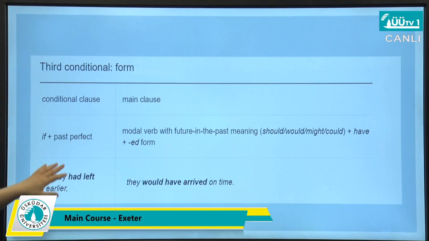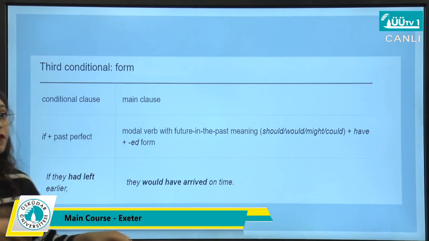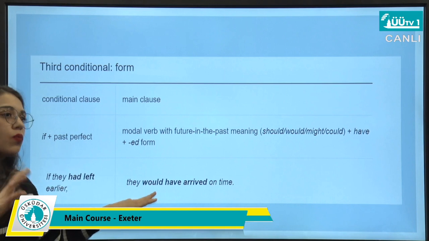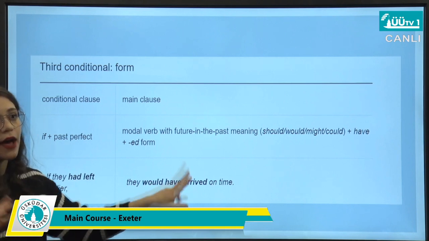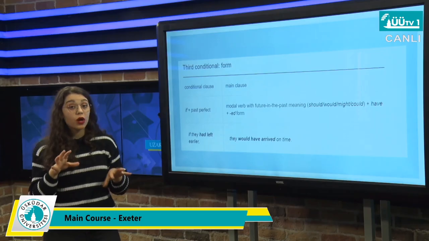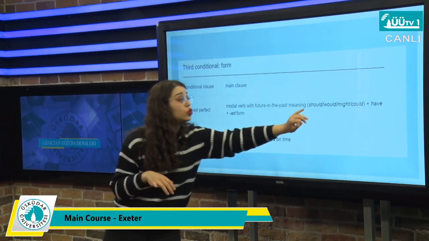Like, if they had left earlier, they would have arrived on time, but they didn't leave early and they didn't arrive on time. We're just imagining, okay? And we mostly use would with have and past participle. Do not forget that. But according to our meaning, we can use should, might, or could.